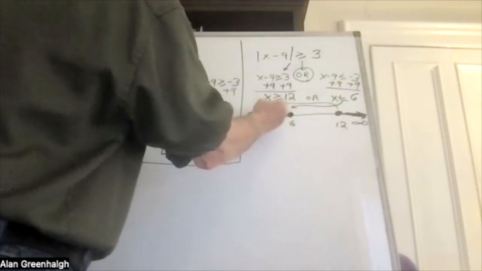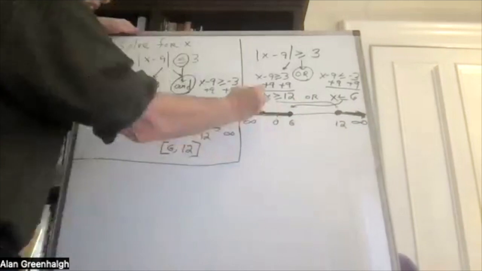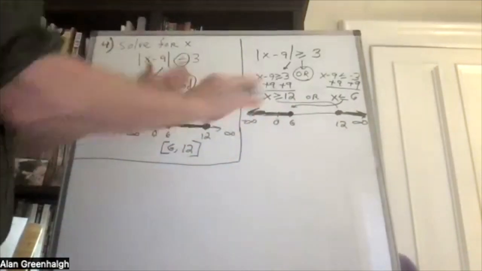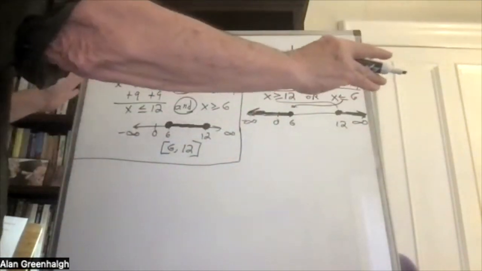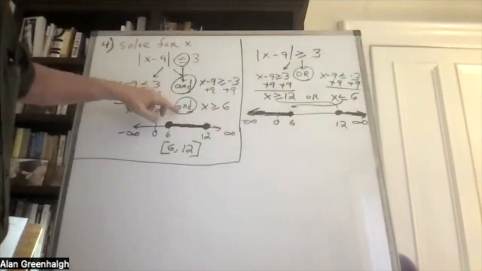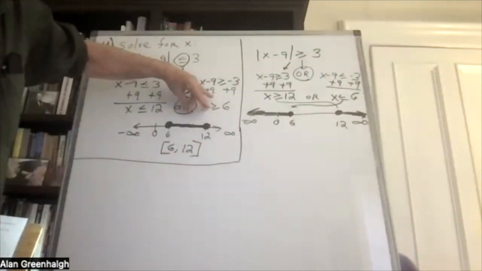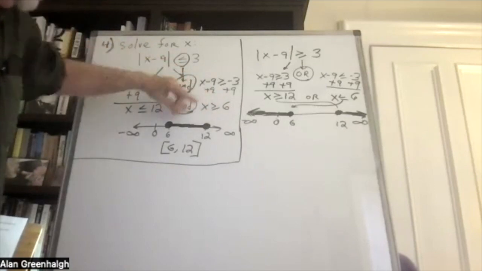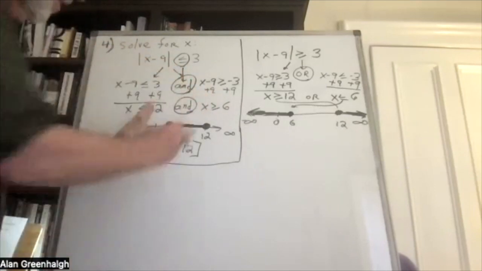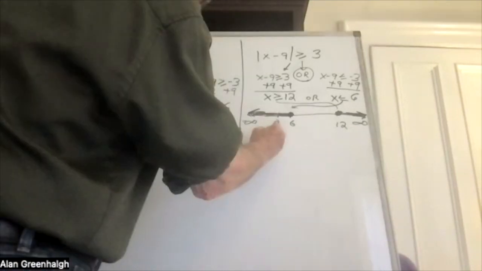See, they go in opposite directions. When it's "or", they go in opposite directions. When it's "and", they go together, moving in the same direction. It's everything in here.